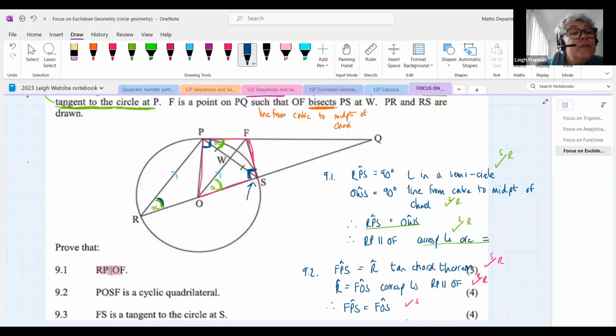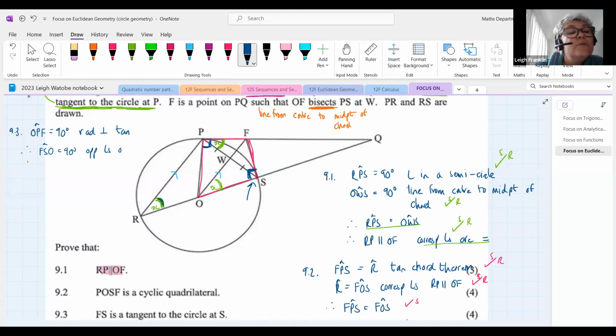The first thing that we wanted to say here in 9.3 is that OPF equals 90. Radius perpendicular to tangent, because we're given that PQ is a tangent and OP is a radius. Then we are going to say that angle FSO equals 90.